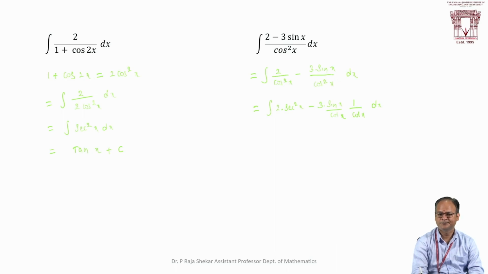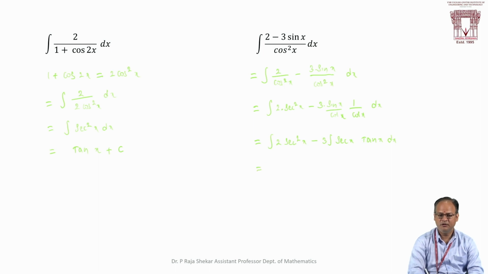So it is to integrate separately 2 into secant square x minus 3, a constant you can write separately, 1 by cos x as secant x, sin x by cos x as tan x.